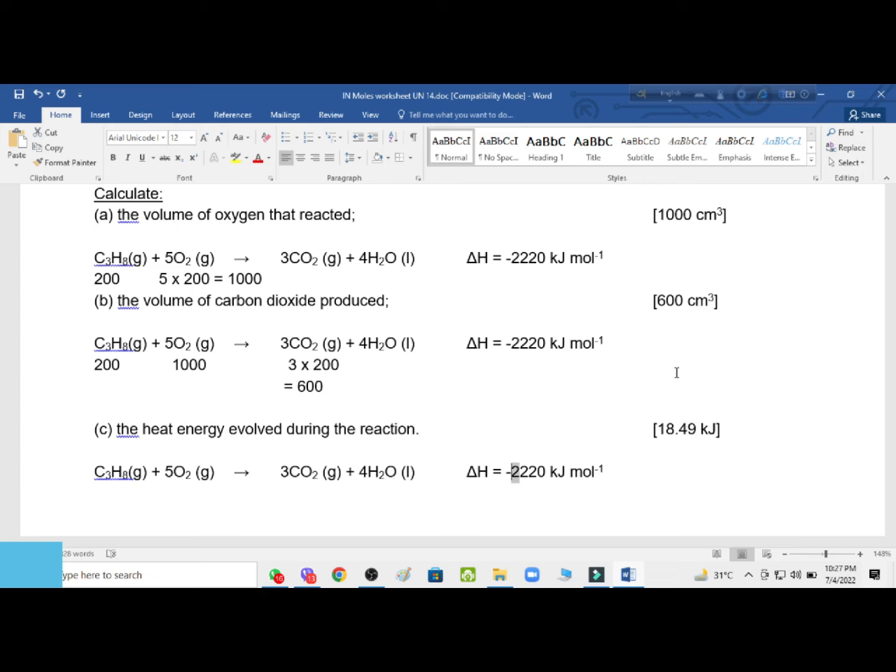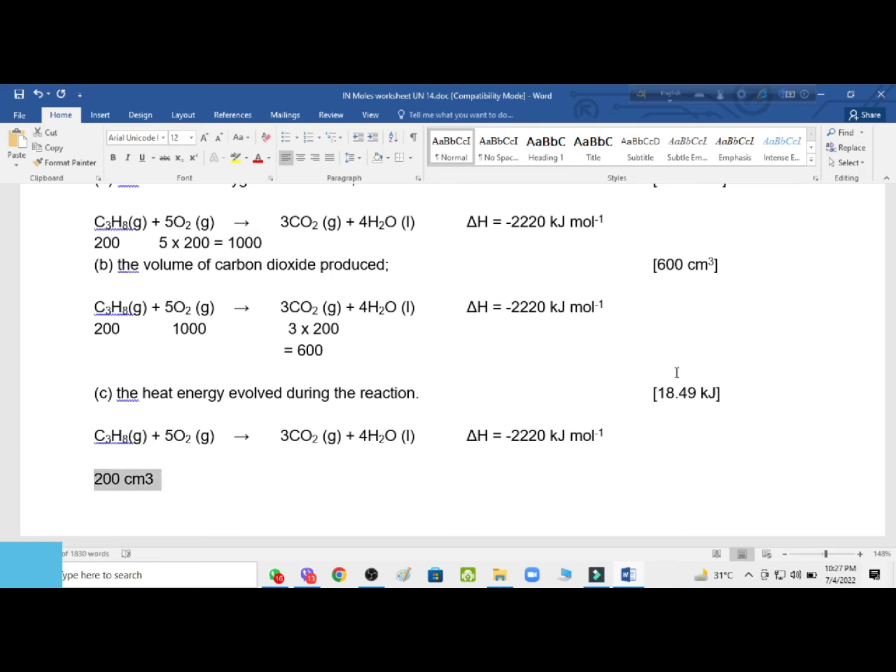So these two are related, this heat and 1 mole. If you don't burn 1 mole, then you won't get this heat, right? So what is the volume of this gas given? 200 cm cube. This is given in the question. You are burning this amount. If you divide this by 24,000 to convert it into mole, what would you get? You may get 0.00833. Let me check.